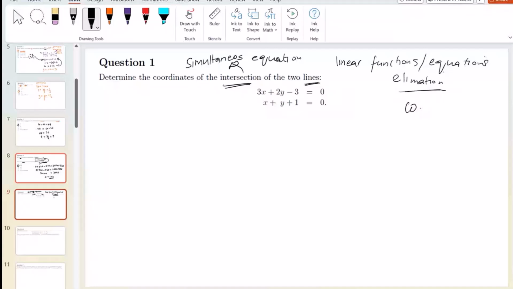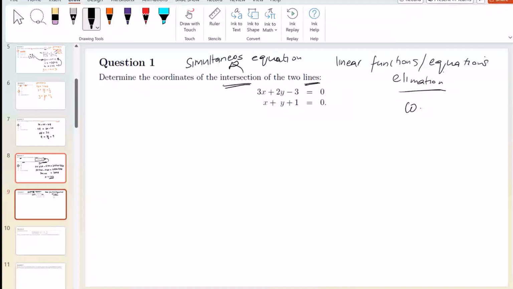So equation 2 multiplied by 3 is 3x plus 3y plus 3 is equal to 0. So we've got the new equation. We put equation 1 here. We are done with equation 2. We have transformed it.